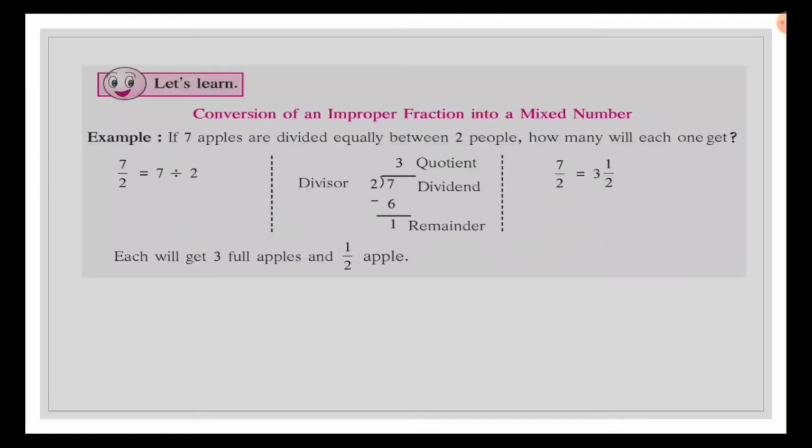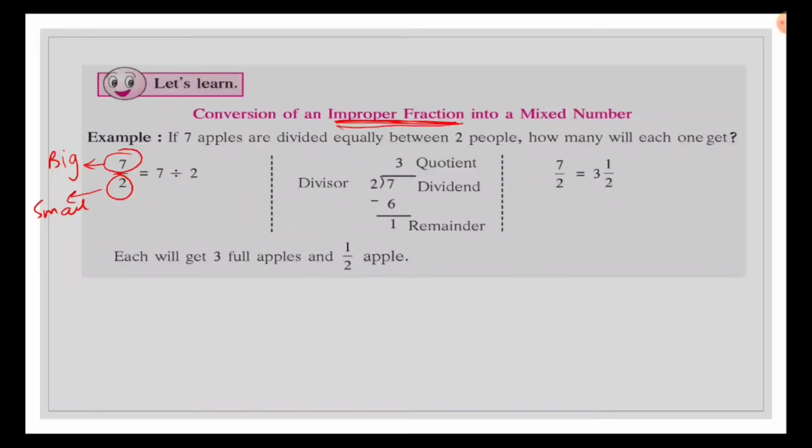Now the main thing in this chapter is conversion of an improper fraction into a mixed fraction. What is an improper fraction? Improper fraction means one whose numerator is big and denominator is small. Always remember, any fraction having a greater numerator and a smaller denominator is known as an improper fraction.